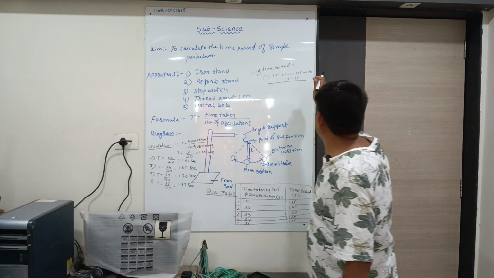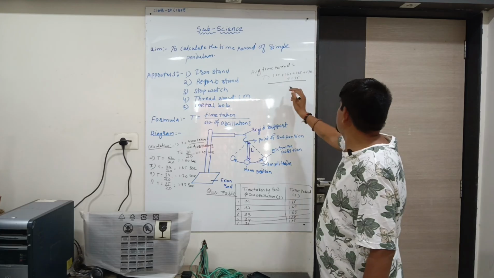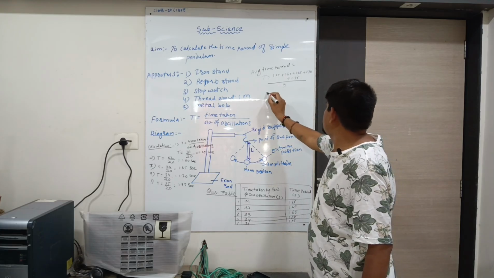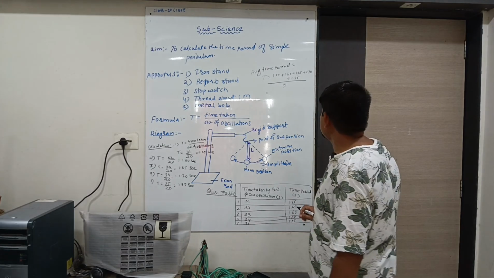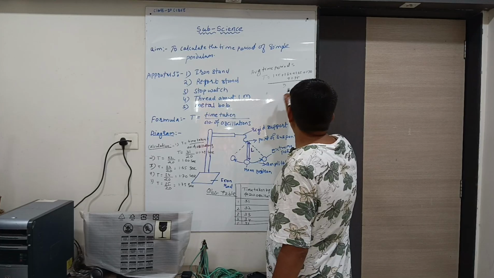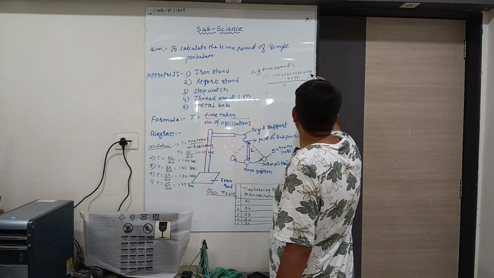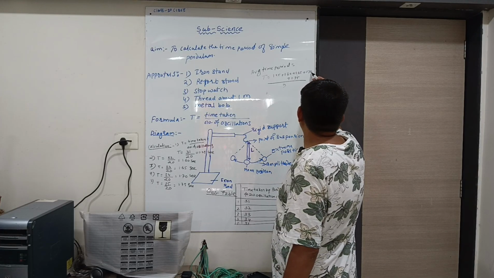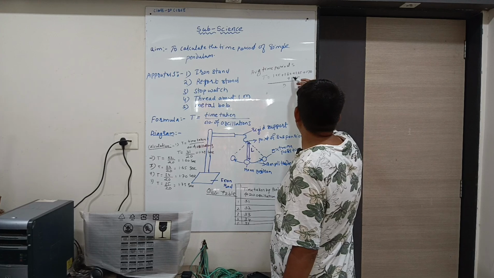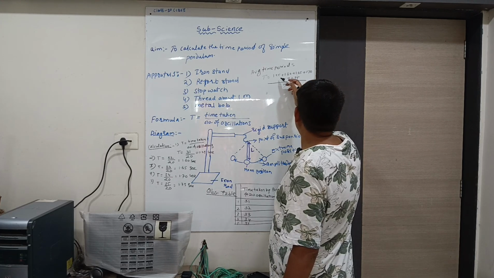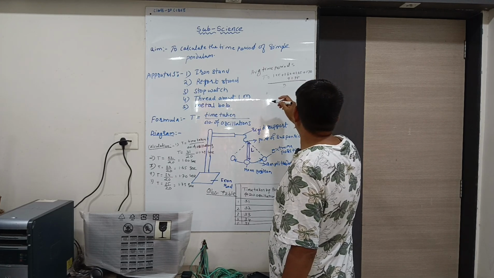So how many observations are there? 1, 2, 3, 4, 5. So it is divided by 5. See here: 5 plus 0, 0. 5 plus 5, 10. 10 plus 0, 0. 10 plus 5, 15.